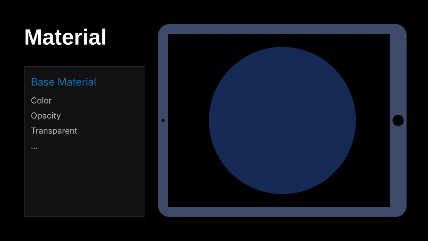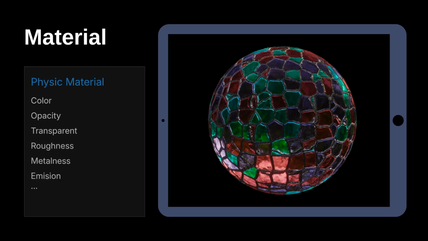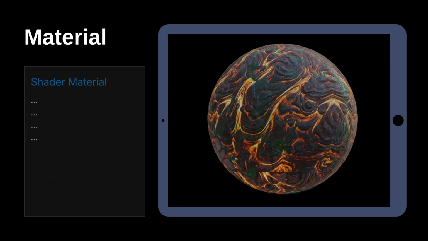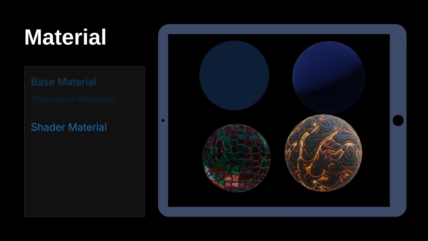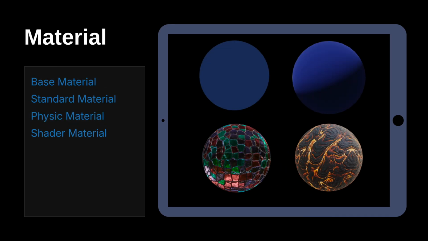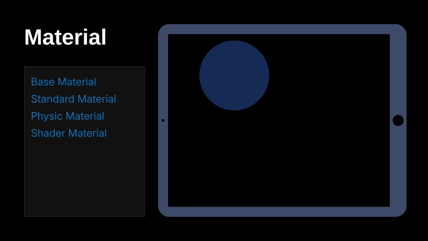In addition, there is a physical material, which includes everything the standard material has, plus extra parameters that make it as realistic as possible. And finally, if none of these options fit your needs, you can create your own custom material, known as a shader. The basic material does not react to lighting, so even if there are no light sources in the scene, the geometry will still be visible, unlike the standard and physical materials.